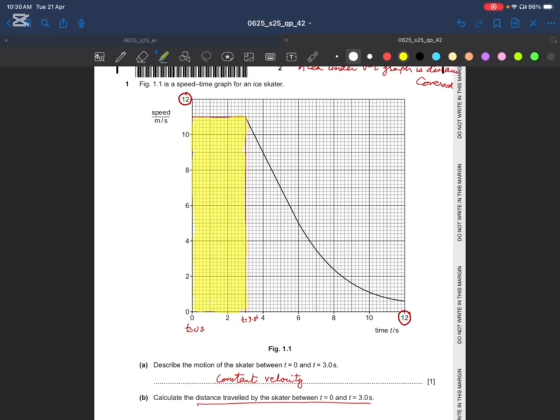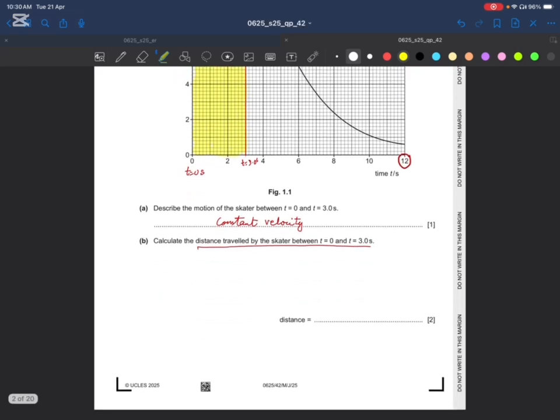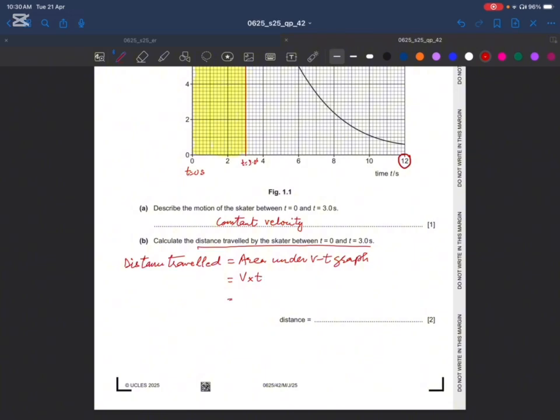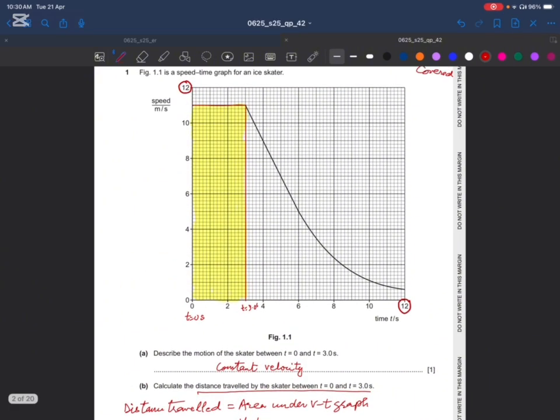What is the area over here? So as I said that the distance traveled, you can write the formula here that distance traveled is equal to area under VT graph, which is nothing but V into T. So what is the value of V over here?